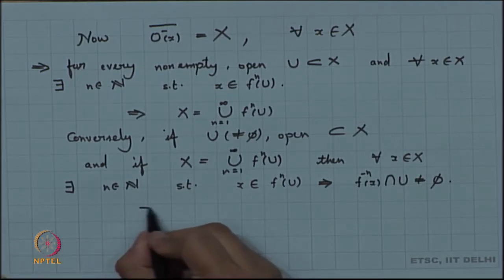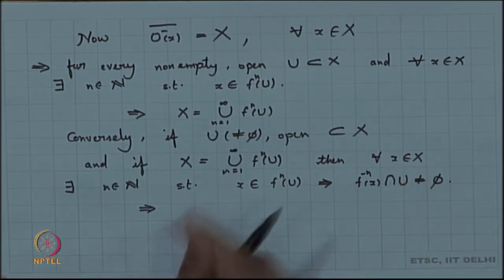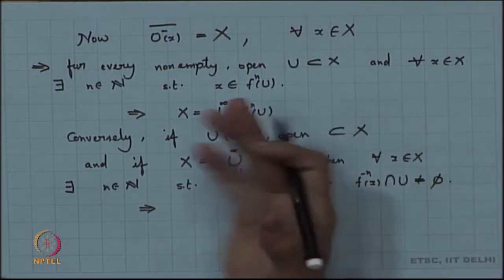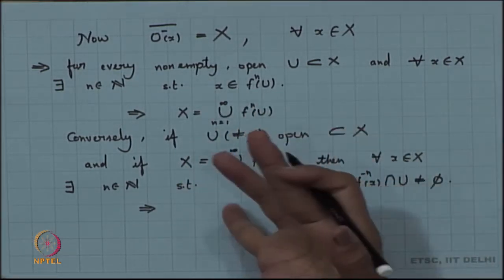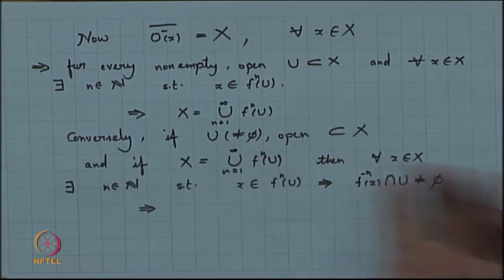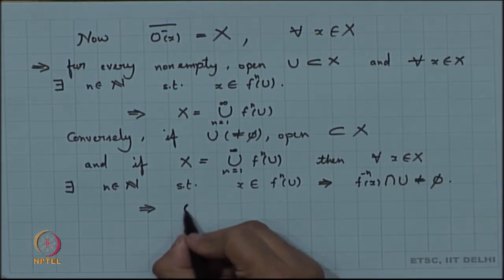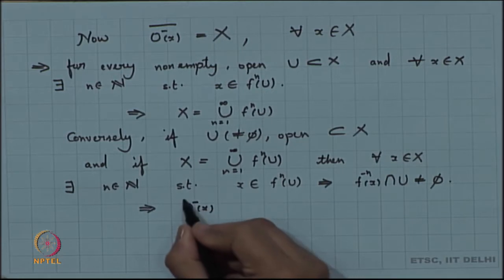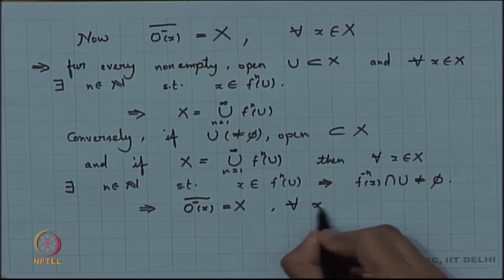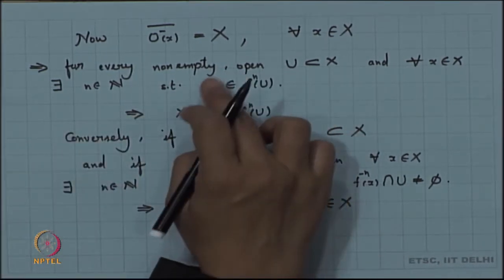This is true for every x in X, and we have fixed a U. In fact, for any open U, you can find an n such that f^{-n}(x) intersection U is non-empty. So this says that the backward orbit of x is dense in X for every x in X. Essentially these two properties are the same.